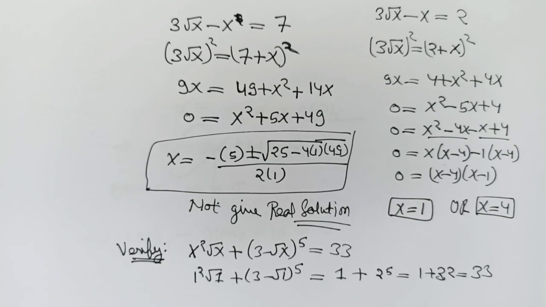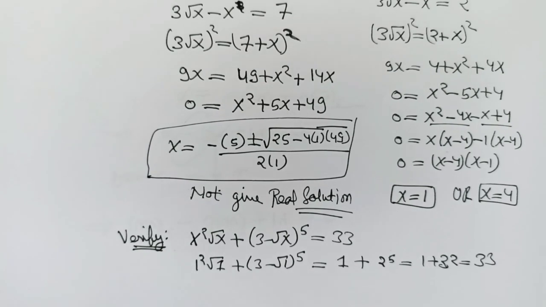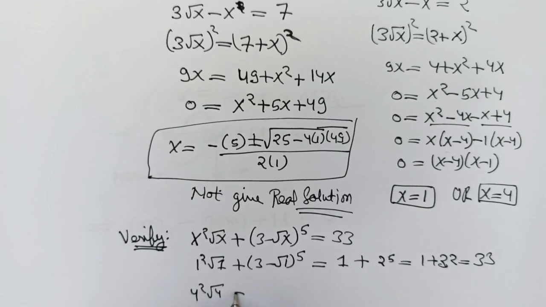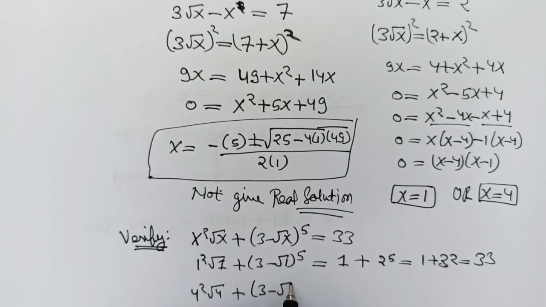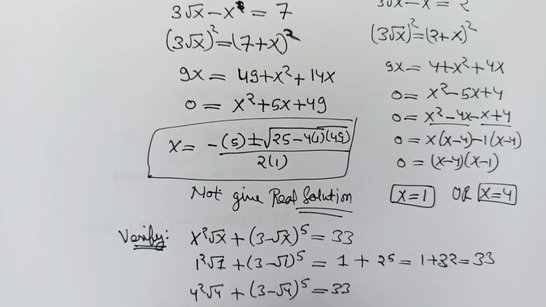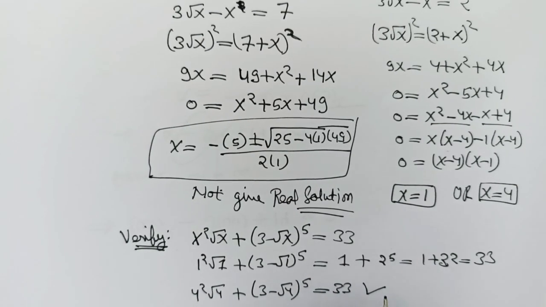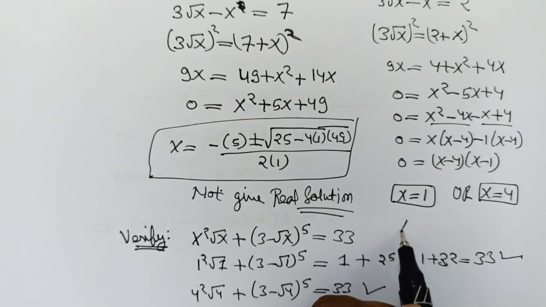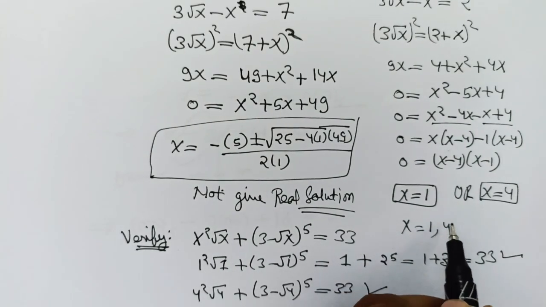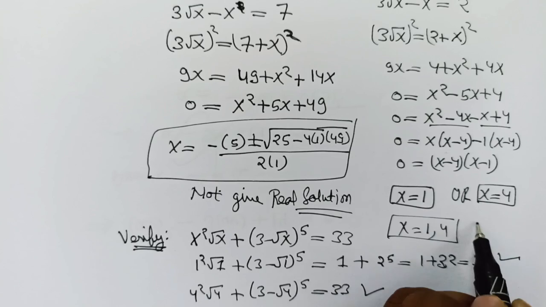That means 1 satisfies this equation, and when we put 4 we have 4 square into square root of 4 plus (3 minus square root of 4) whole power 5 is equal to 33, which is again correct. That means x equal to 1 and 4 both are solutions of this question.